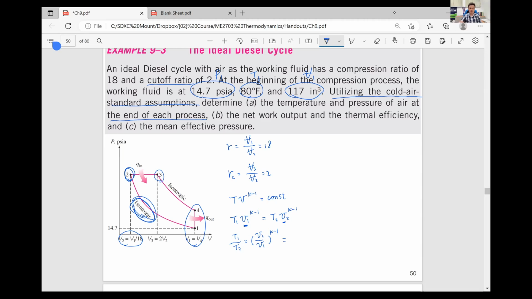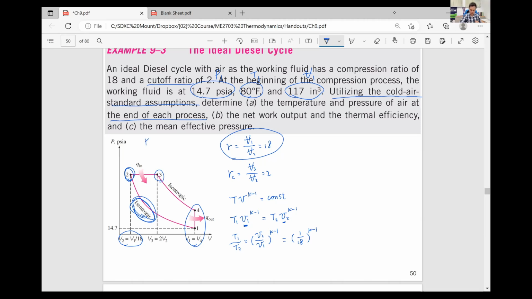The system is assumed to be executed in a device which is a closed system, so the specific volume ratio will be the same as the volume ratio. So this is V1 over V2, which we know is the compression ratio. So that should be 1 over 18 to the K minus 1.